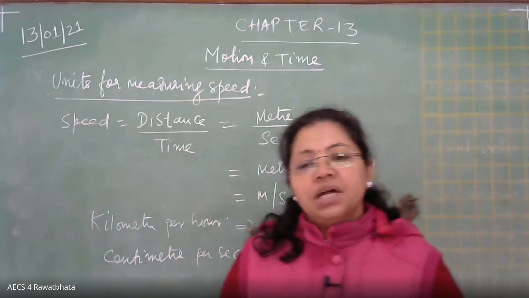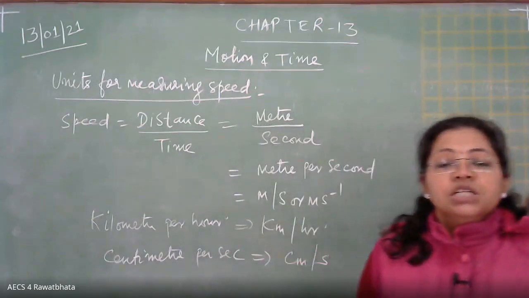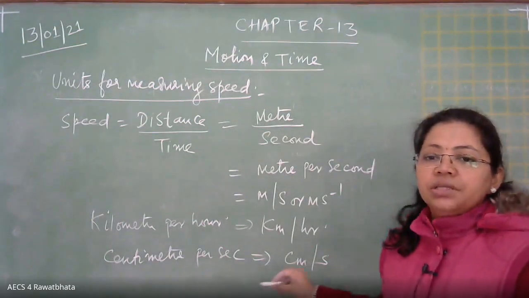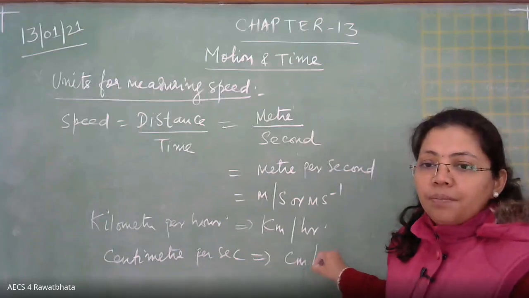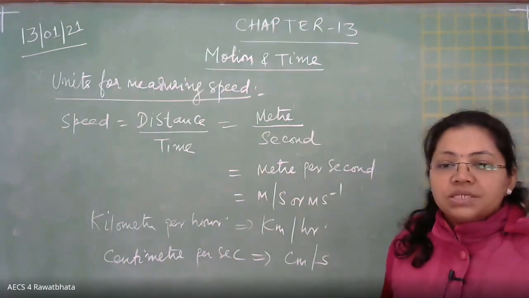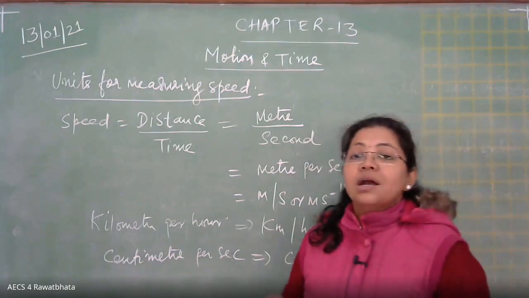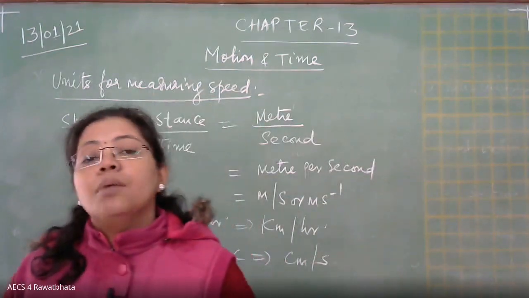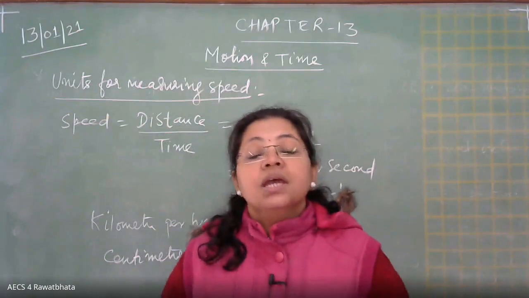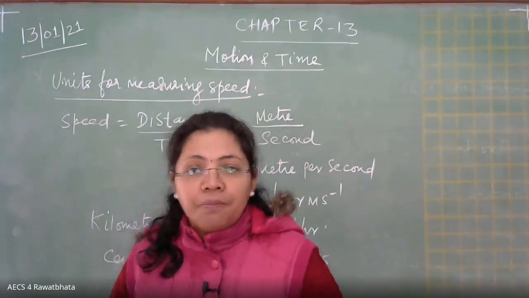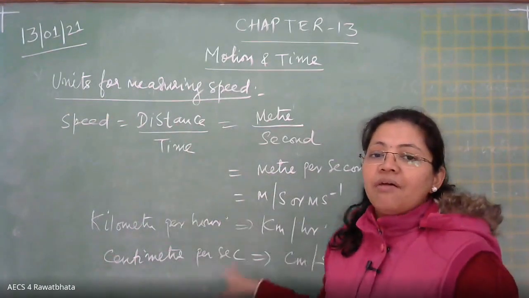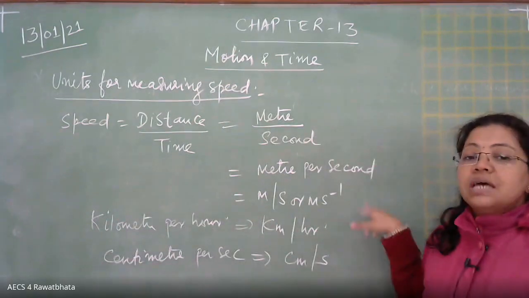Yes, Imanshi, you're right, earthworm, snail we have. So their speed is measured in the unit centimeter per second. Yes, Pranil is right, it depends upon the kind of distance a moving body is covering in a given unit of time. So based upon that, we have devised these many sub-units of speed.